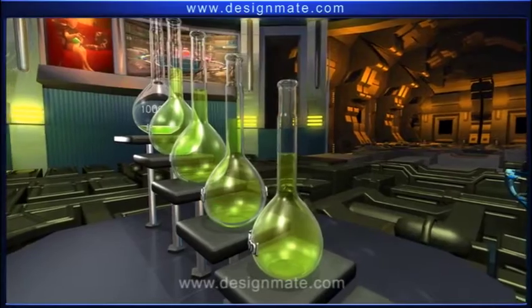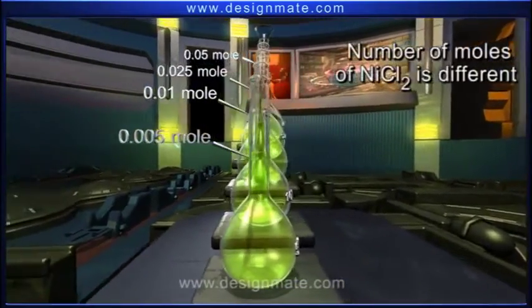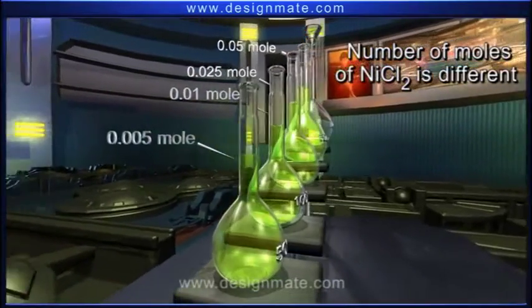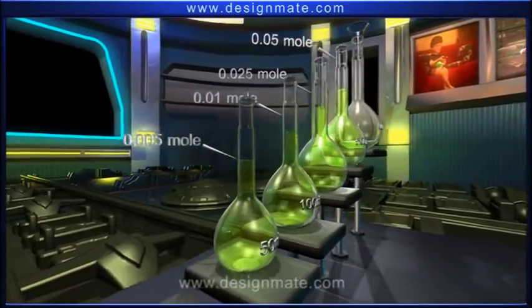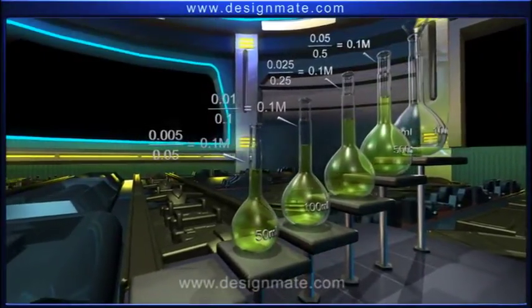Although the number of moles of NiCl2·6H2O solute present in each of these solutions is different, as the volume of each flask is different, the concentration of all these solutions remains the same, that is, 0.1 molar.